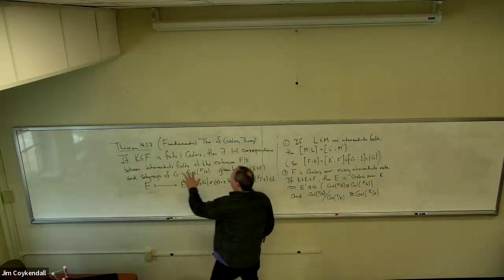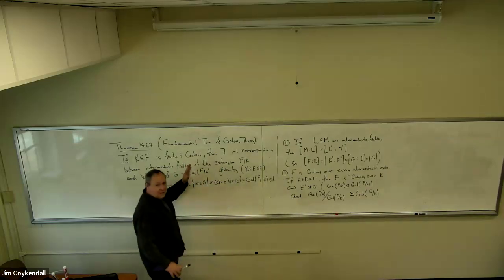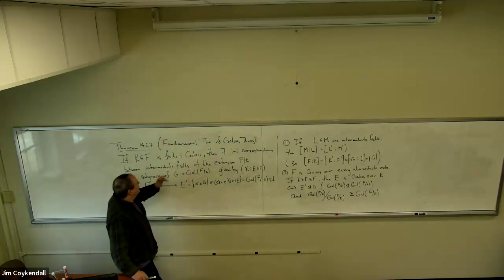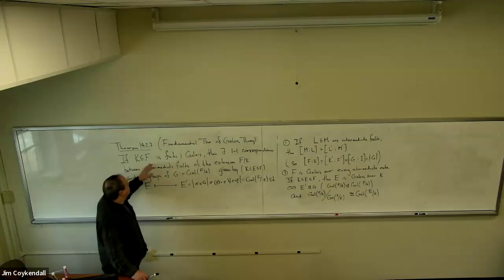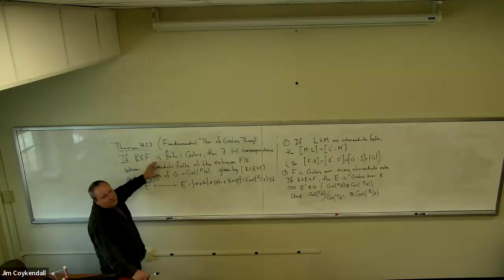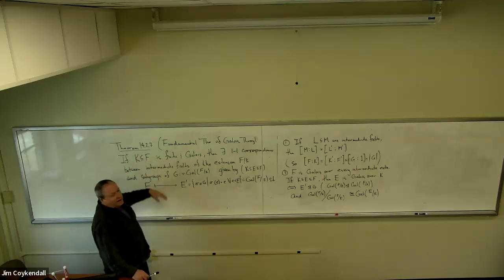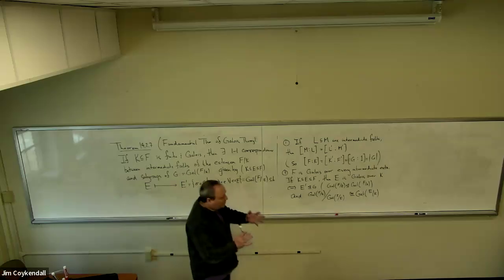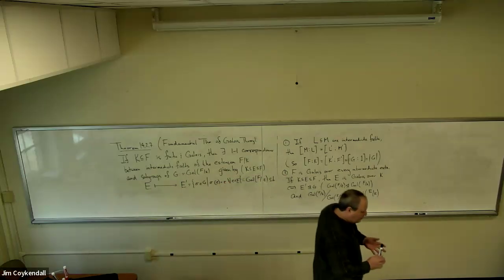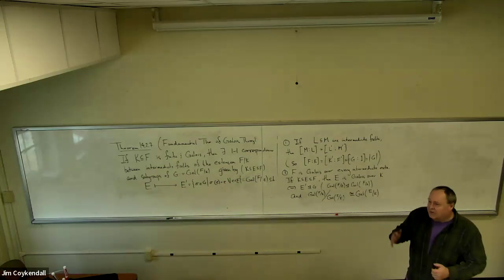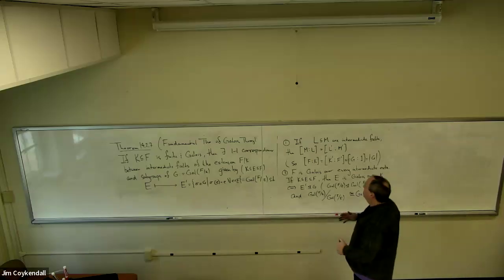But this is the big thing about Galois, and I'm going to go back to the example we did before and take a look at it again. There's a one-to-one correspondence: intermediate fields between K and F pair up with the subgroups of the Galois group, and the normal ones have a special place.